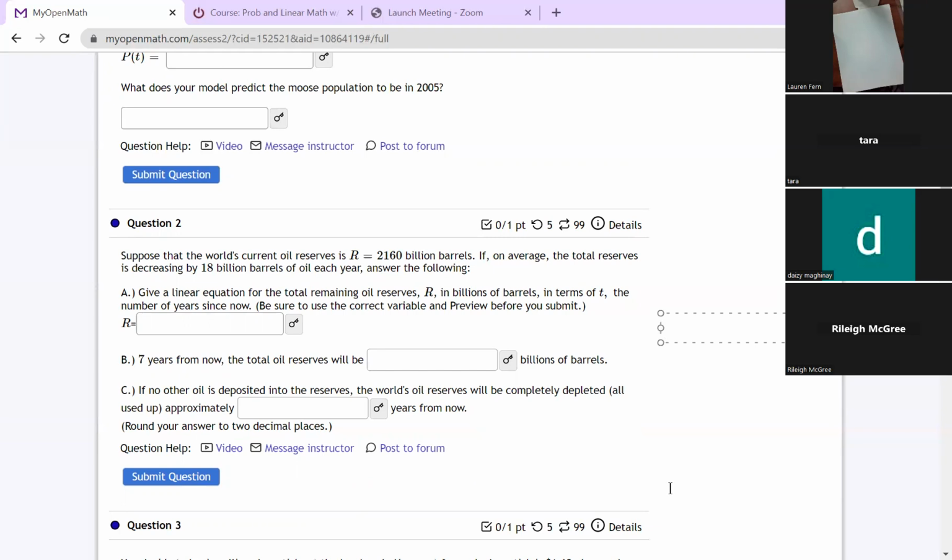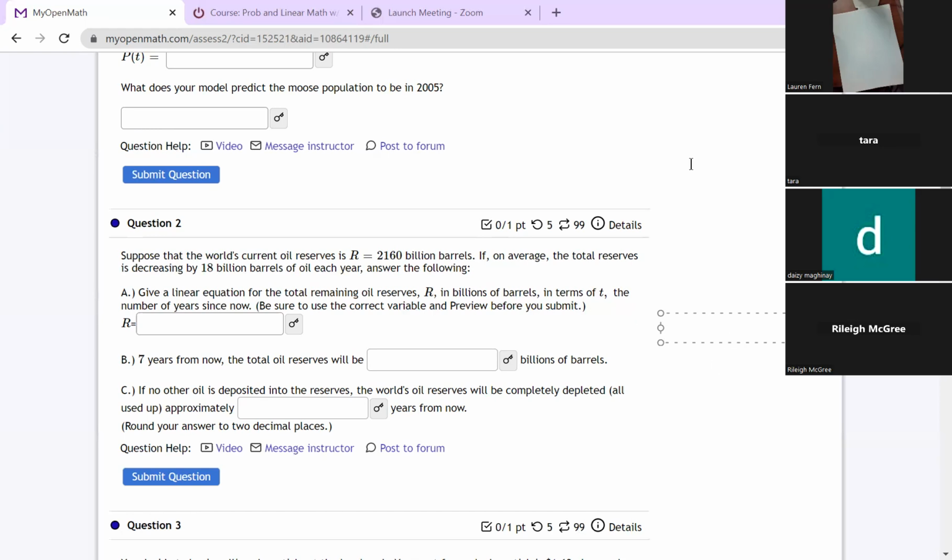Thank goodness for the billion. If on average, the total reserves is decreasing by 18 barrels per year, I claim we can find our equation just straight from these numbers.